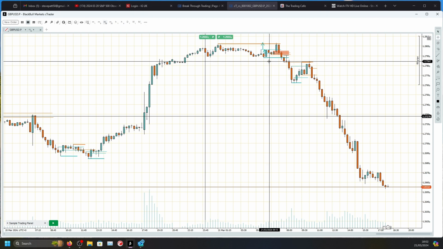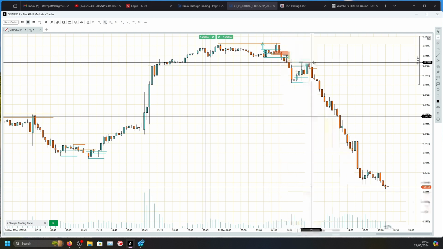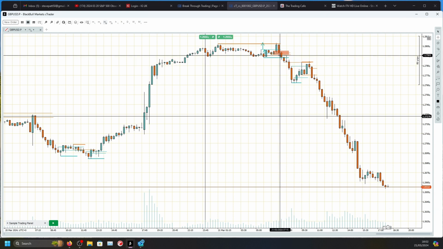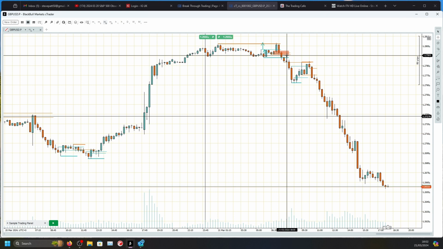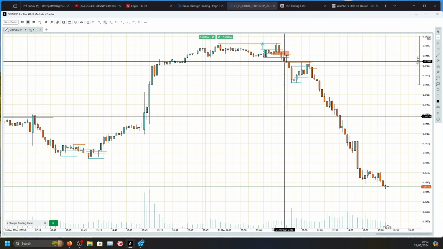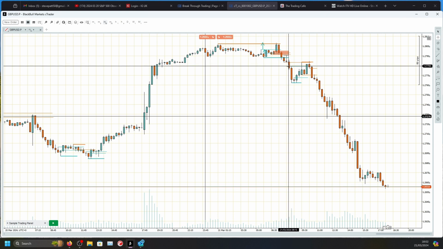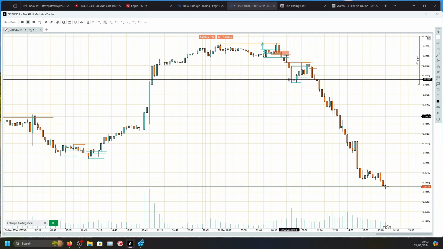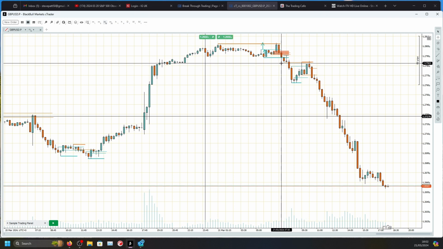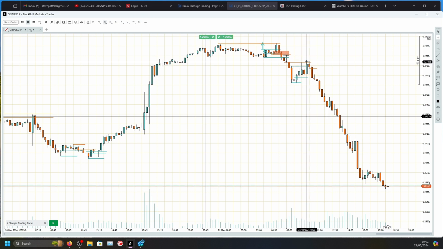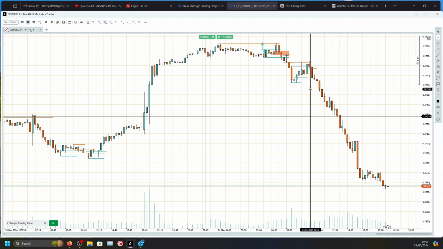And then look, you see what price does? Price is broken out of here, come back, drawn back. Then these two candles form relative equal lows. Price breaks out, bearish momentum. Look what price does, comes straight back to the bottom of these two candles. And then we start rejecting off of here.